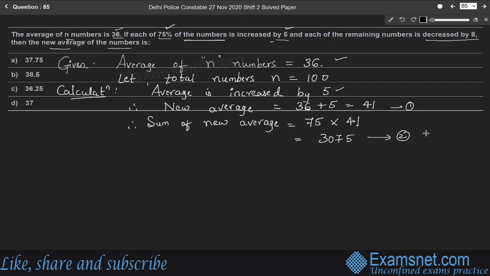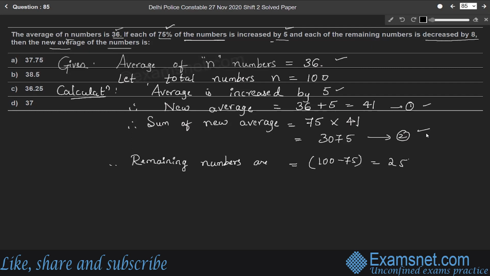So what is the remaining number here? The remaining numbers are equal to 100 minus 75, which is 25.